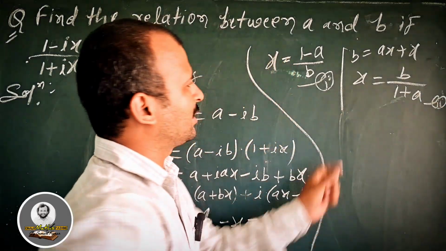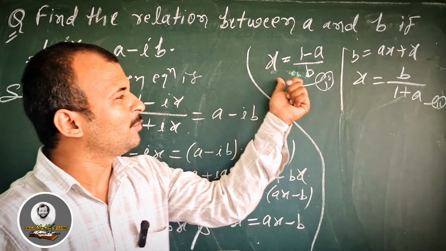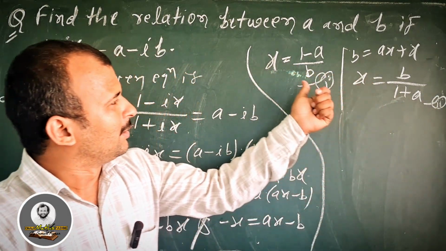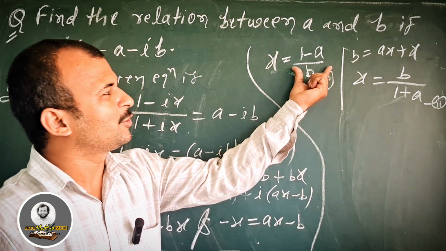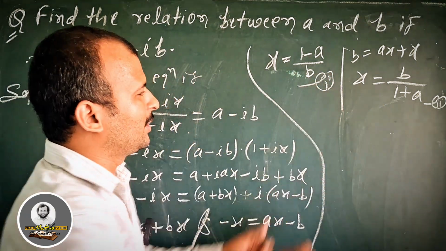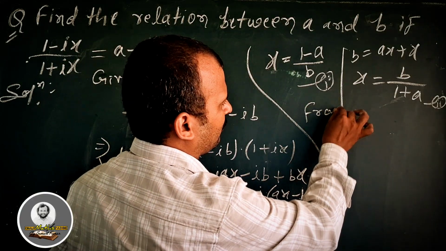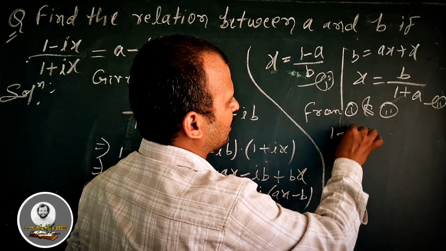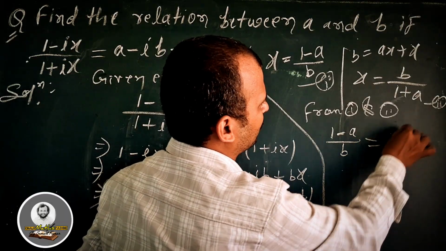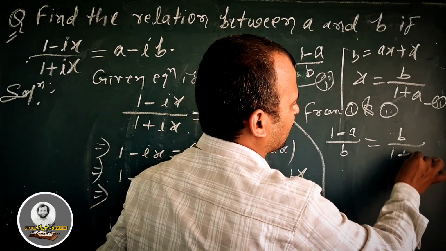From these two equations we have got the value of x. So we can write that these two results will be equal: from the first and second equations, (1 minus a) by b equals b by (1 plus a).